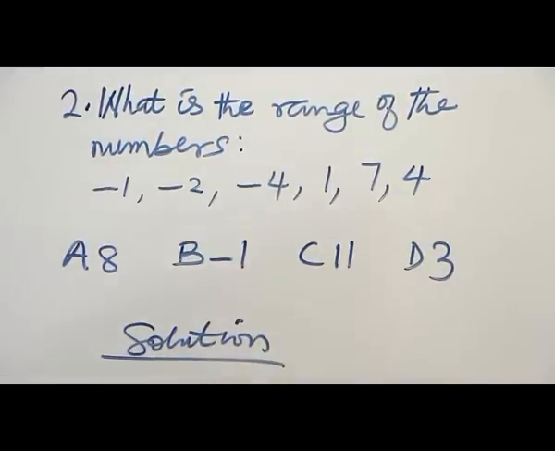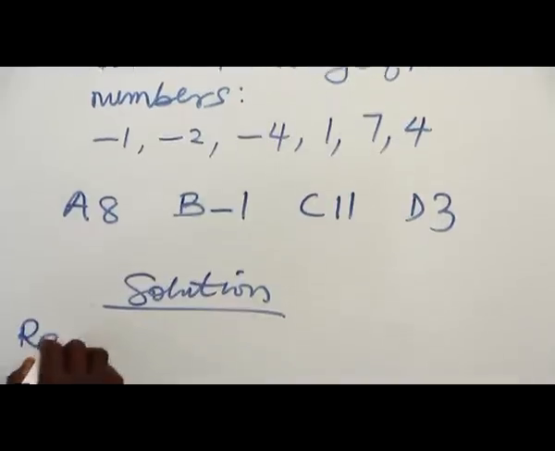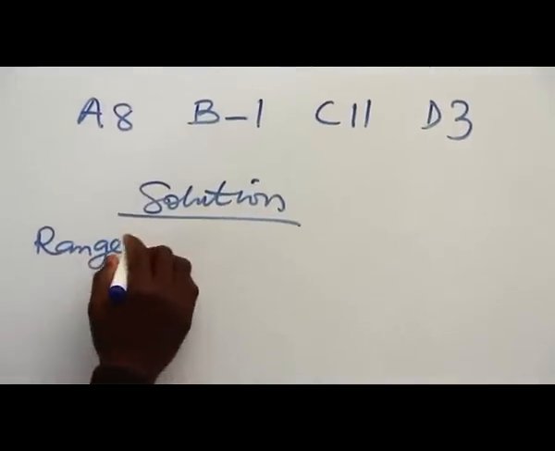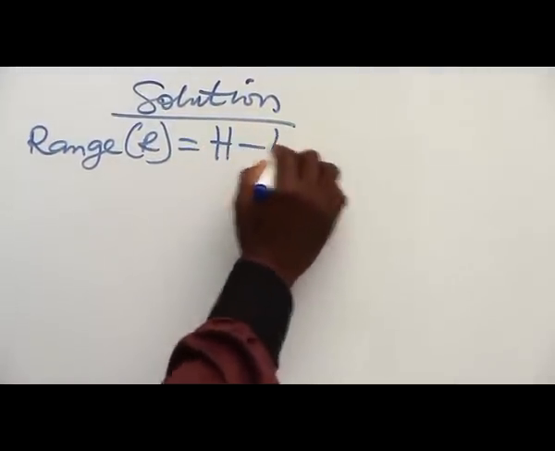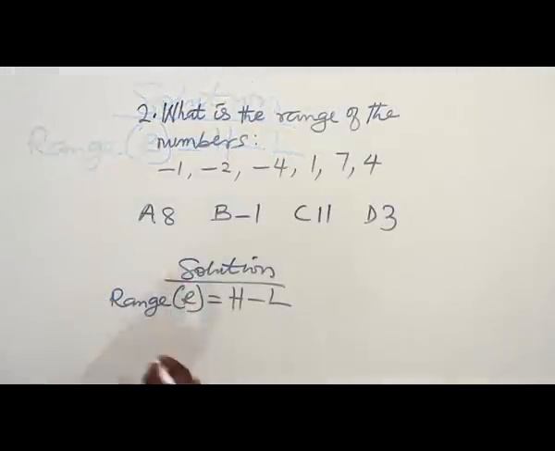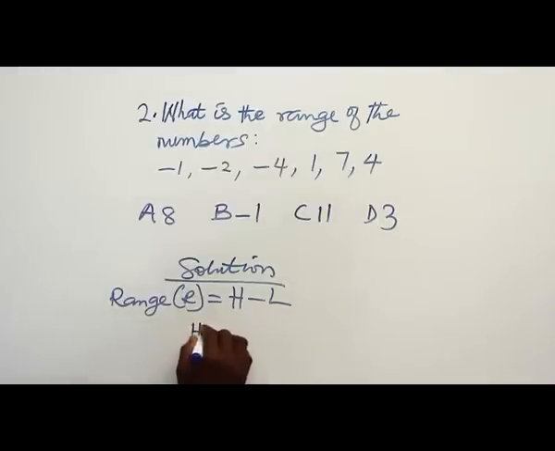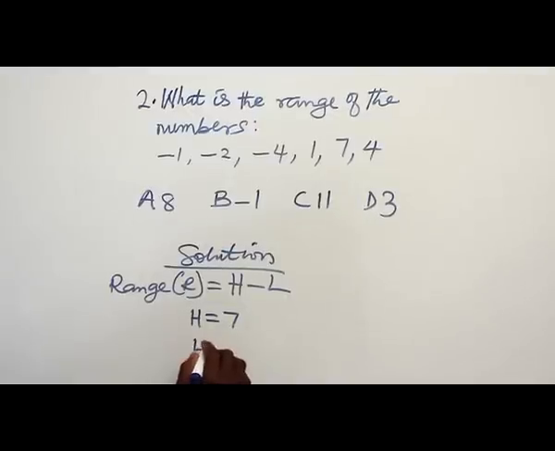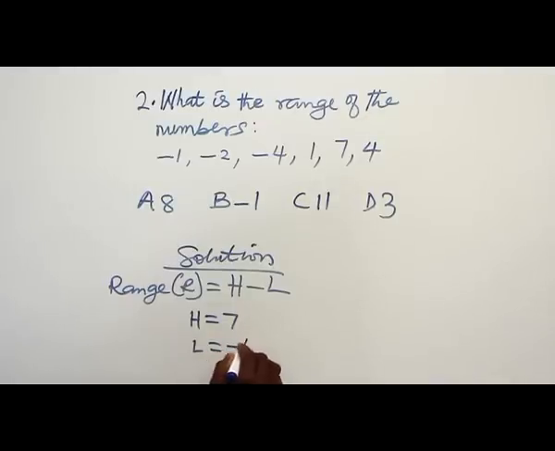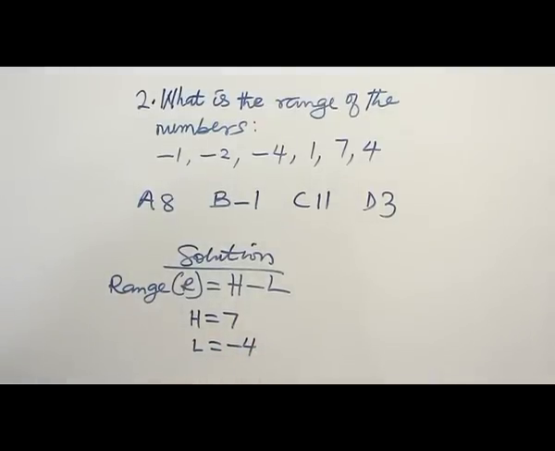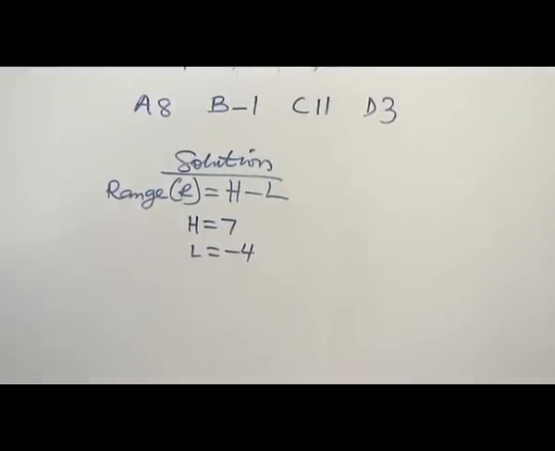We are now conversant with range, so range R equal H minus L. H equal 7, that's the highest figure. The lowest figure there equal minus 4. Working with negative figures, the bigger they are, the smaller their value.